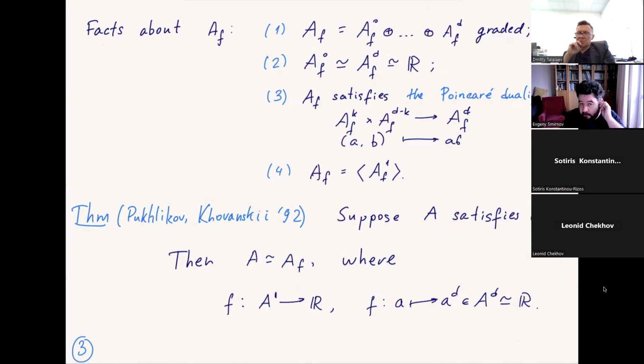So I'll say it again. If you have an algebra with such properties, graded with a Poincare duality and generated by the first degree component, then it has the form of A sub F for a suitable polynomial F.